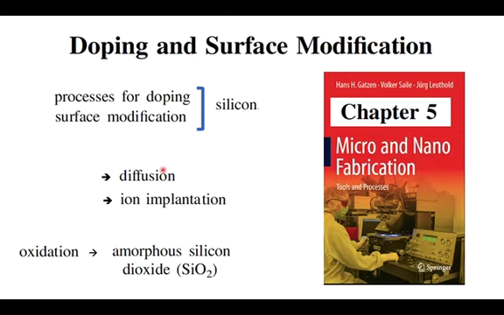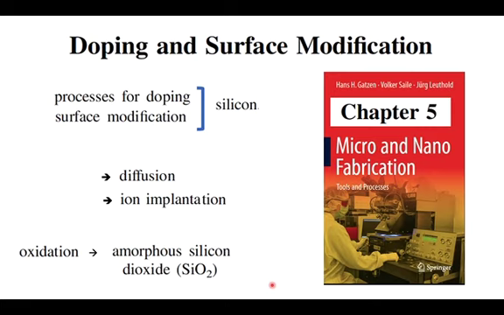There is another process called oxidation, which is also an important technique, very often used, mainly to form silicon dioxide. Silicon dioxide is a dielectric material. It's an insulator. Dielectric materials are very important for various purposes, particularly in a thin film transistor.